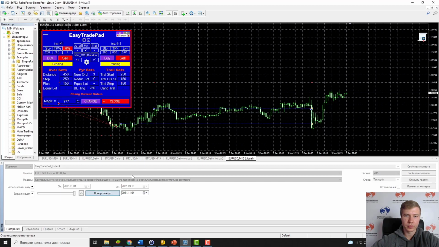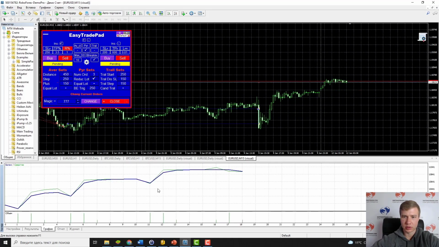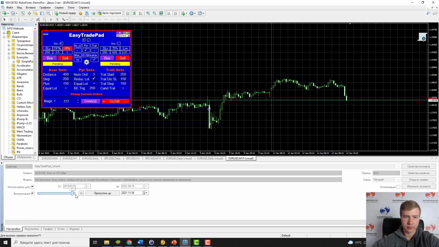Two deals were closed by the first stop loss. In fact, we just lost one deal. We also see on the chart that practically we do not have a big loss.